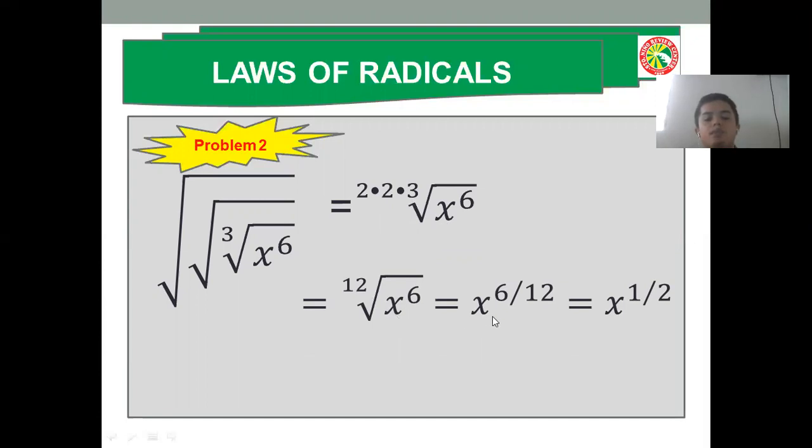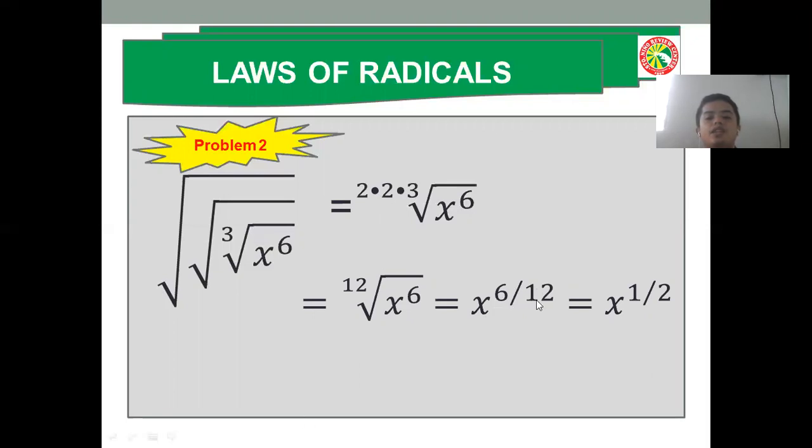Or if you do it exponentially, from radical to exponential, this is your exponent and this is your root. Again, the exponent is put in the numerator, and the root is written in the denominator of the fraction on the base x. So that is 6 over 12, and by fraction simplification this can be simplified to 1/2.